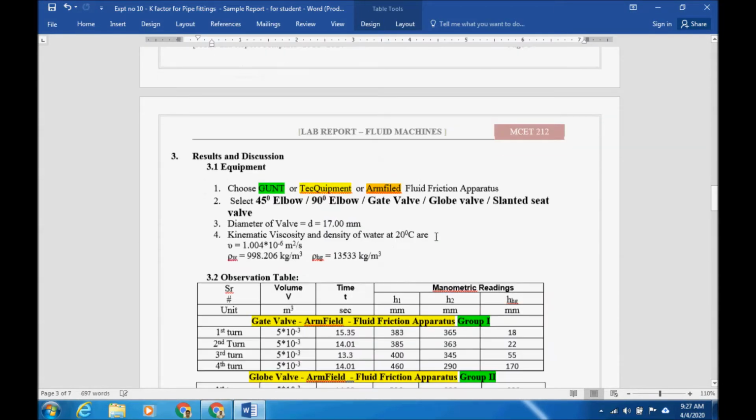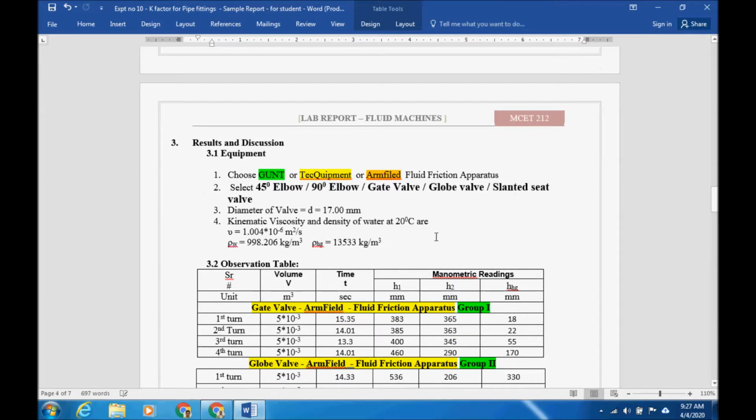Now observation, this is observation in equipment. You have to underline Gunt, TQ, Armfield. Here we will underline Armfield. Now you have to select a fitting as per the students: 2 students will select 45, 2 students will select 90, gate, globe, whatever is given to you.